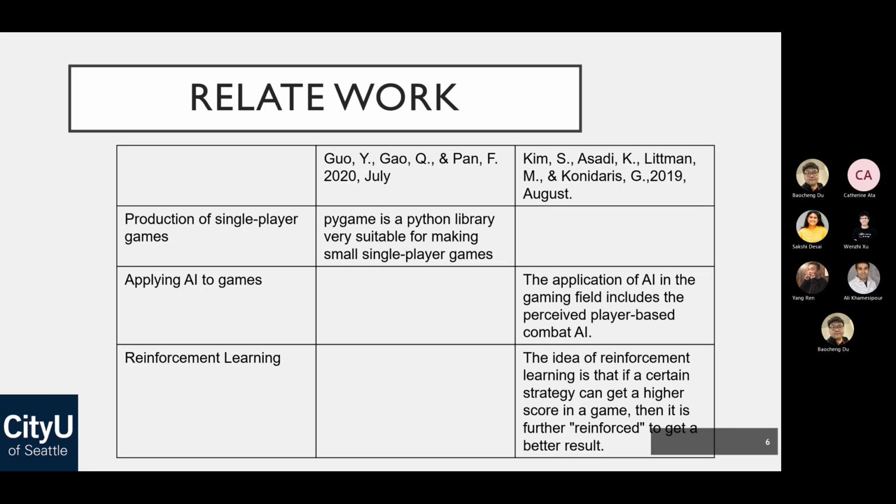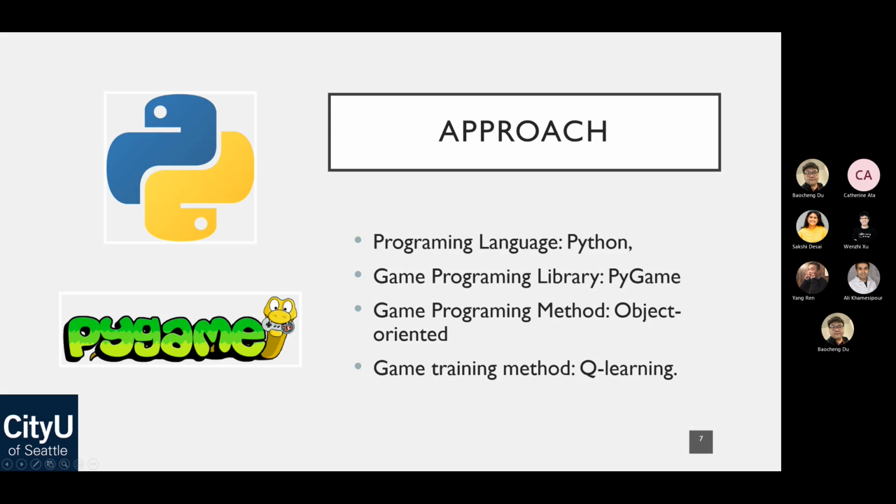For machine learning, if a certain strategy can achieve a high score in the game, it is further reinforced in order to continue to achieve better results. This includes 5 key items: agent, action, environment, state, and reward. I will talk about them later.